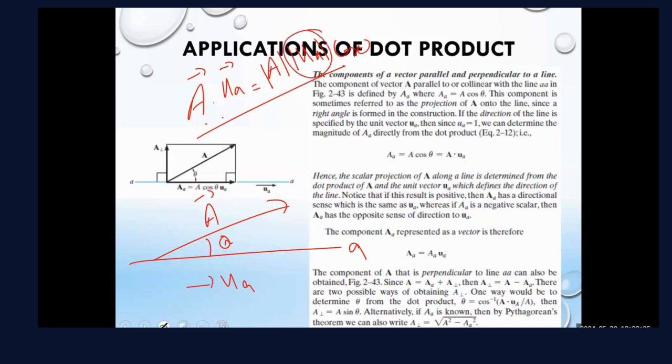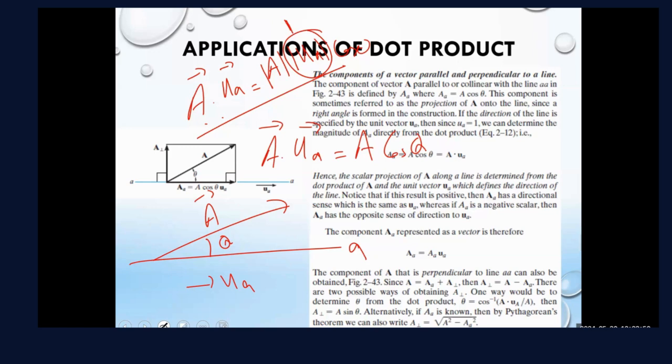You know the magnitude of a unit vector is 1, so you can replace this by 1. So it can be written like this: magnitude of A and cos theta, right? You can solve it like this.